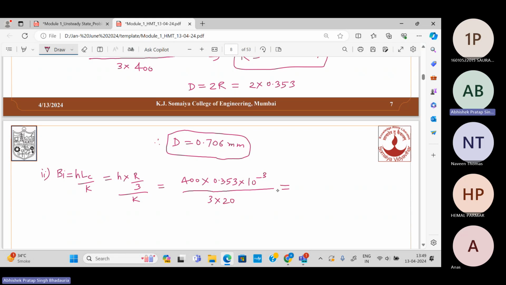Calculating this, the Biot number is 0.00235.